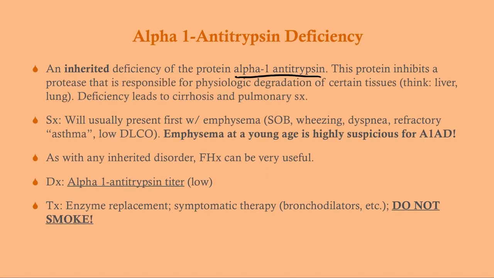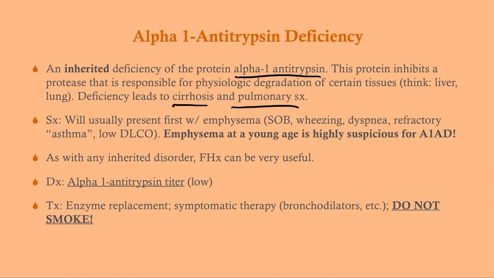And some of the things that you break down are going to be liver tissue and lung tissue. So the result is a degradation of liver and lung tissue, resulting in cirrhosis and pulmonary symptoms.